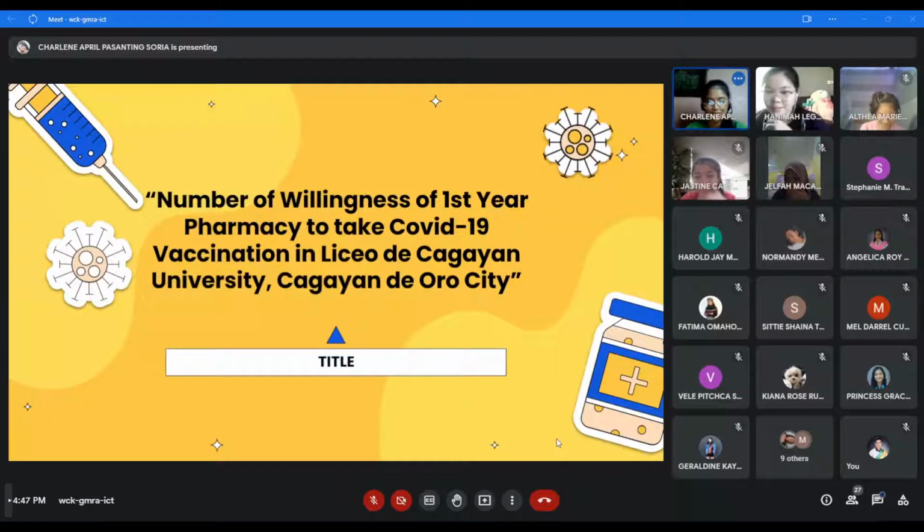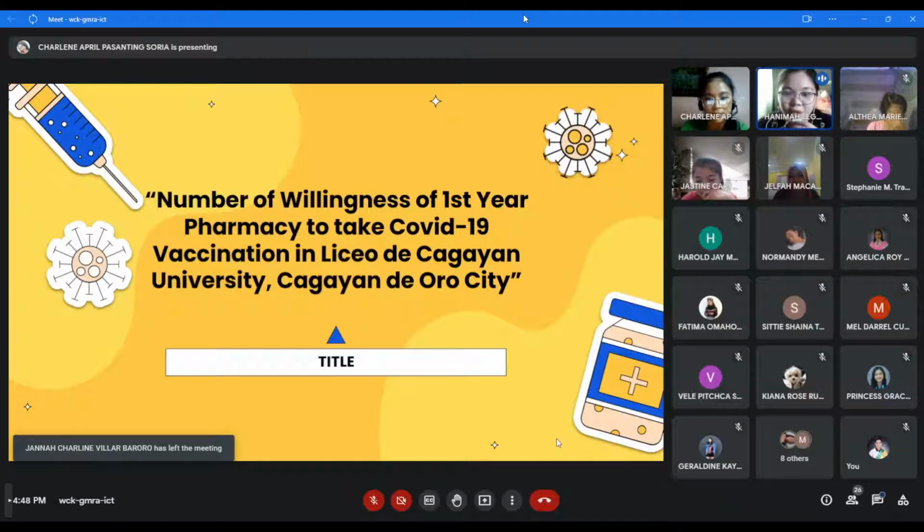Okay, sige go. From the text that I have read, we come up to this study which entitled Number of Willingness of First Year Pharmacy to Take COVID-19 Vaccination in Liceo de Cagayan University, Cagayan de Oro City.